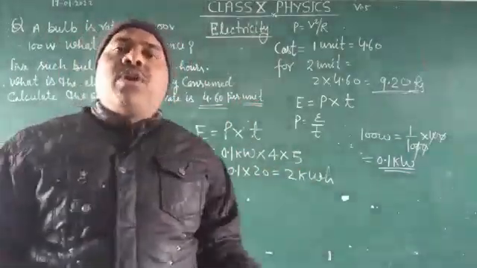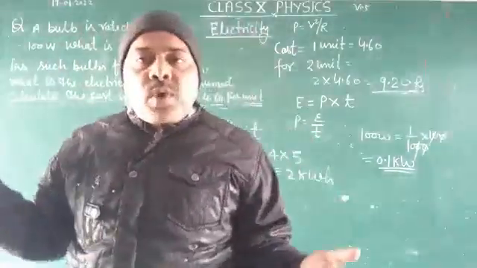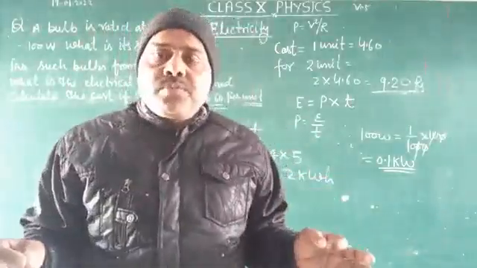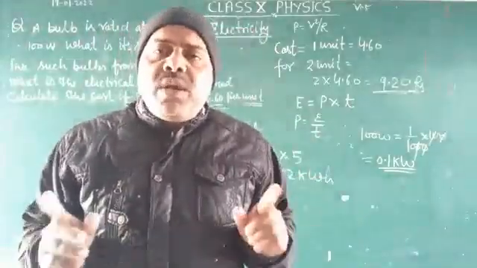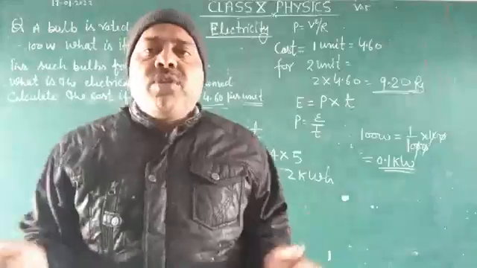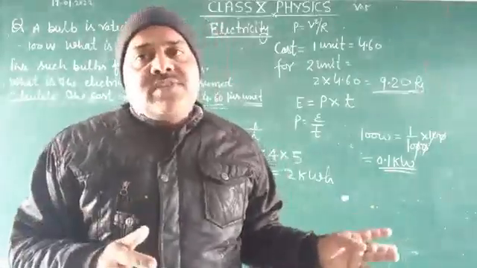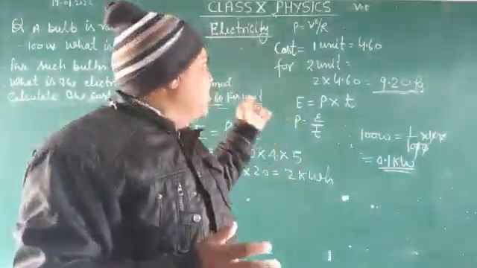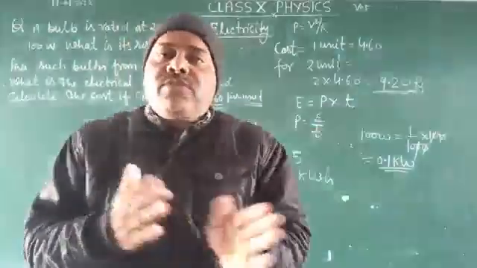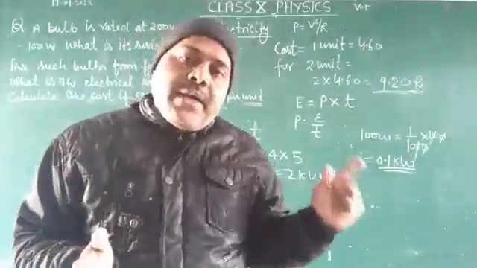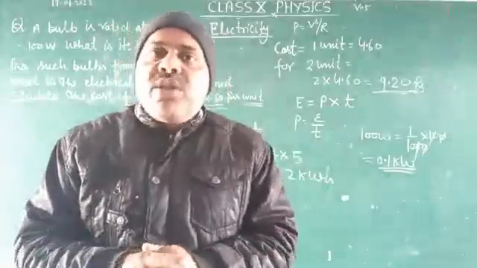Okay, dear friend, you can find consumed energy by this process. This is very simple. There is no problem. You only need to write some relations of electric power related to resistance and electric potential, and some relations related to consumed energy, current and potential also.